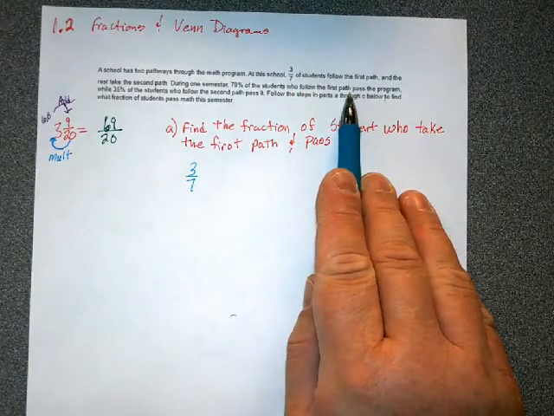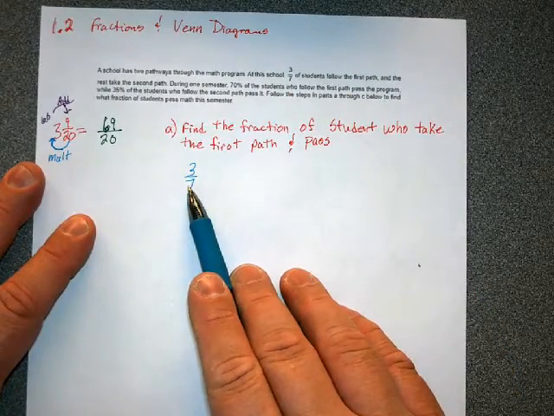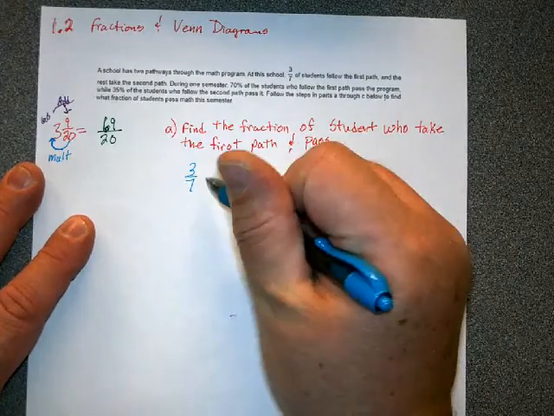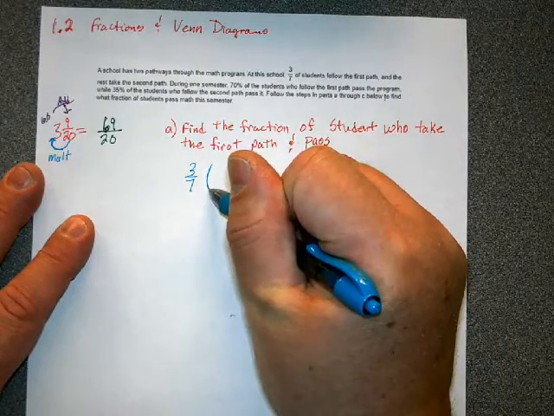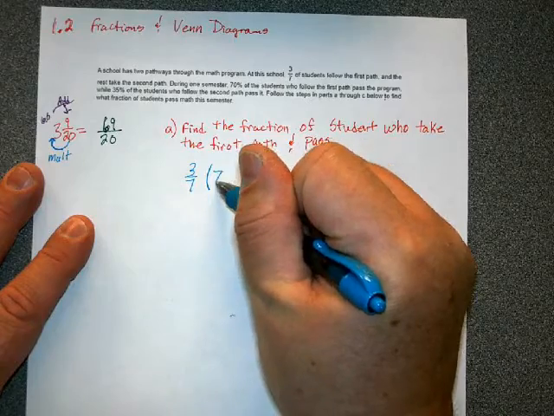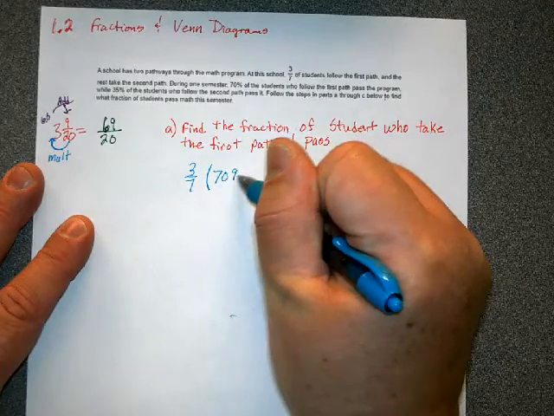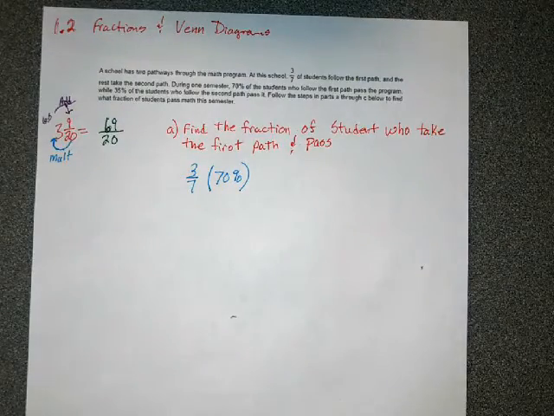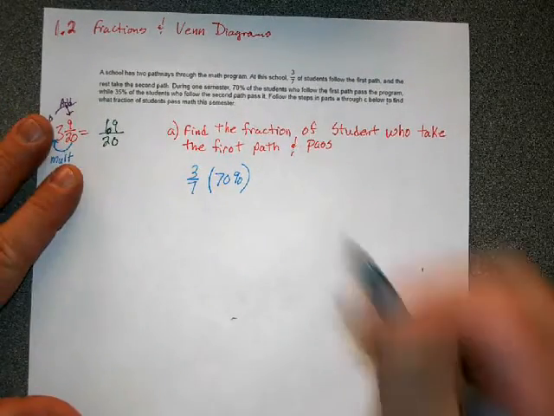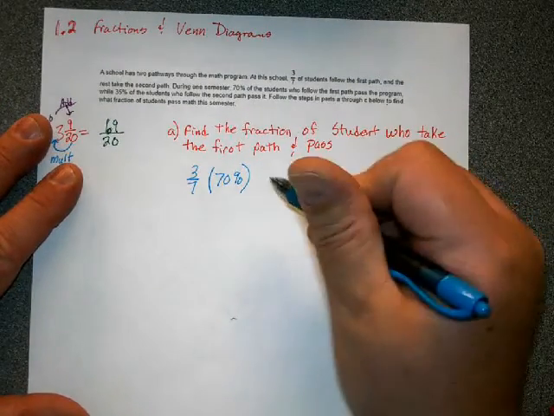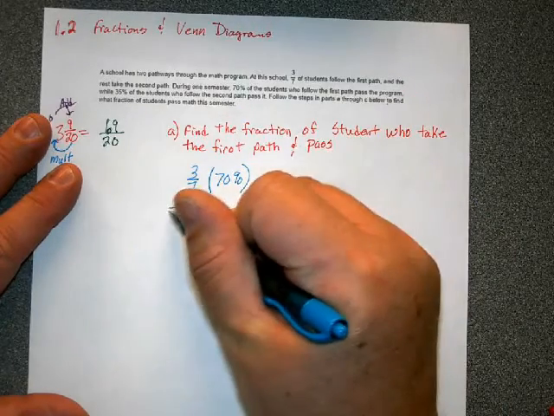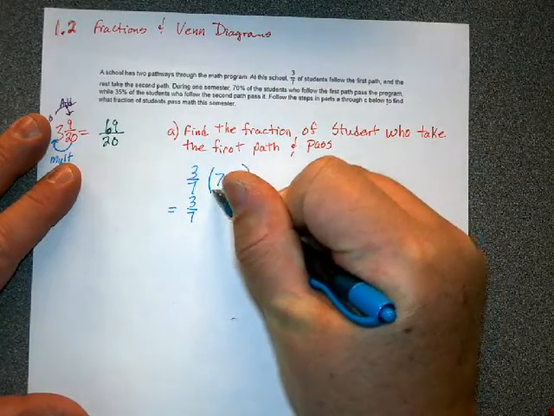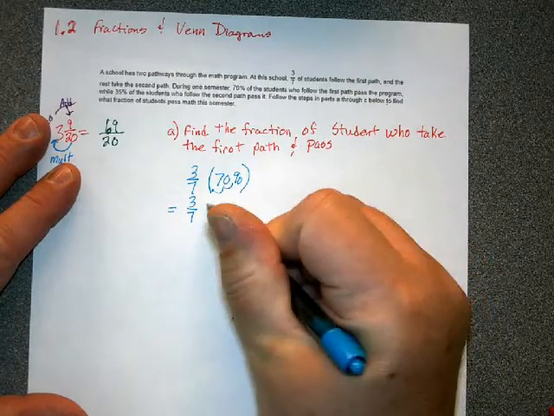Okay, so we're going to take 3/7 of the students, and then we're going to multiply by 70%, right? Those are the amount that pass. Okay, how do I write 70% as a number? That's right. Move the decimal point over to the left 2 places. So times 0.7.